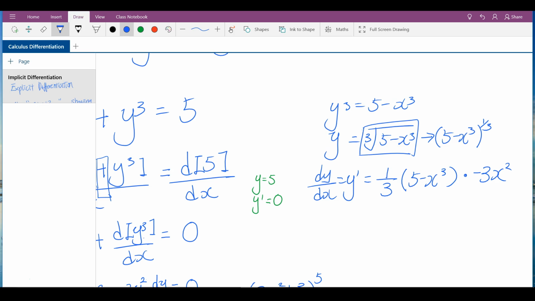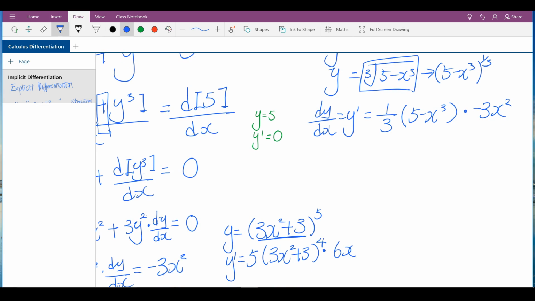Right? And then, oh sorry, the power is -1, so it becomes negative 2/3. And then that is just negative 3x squared bracket 5 minus x cubed to negative 2/3 all over 3, right?